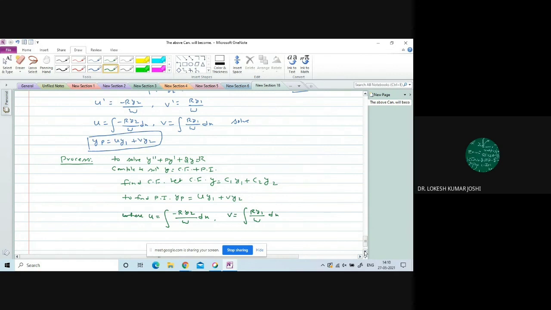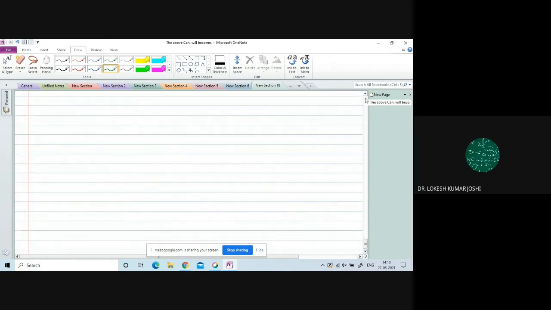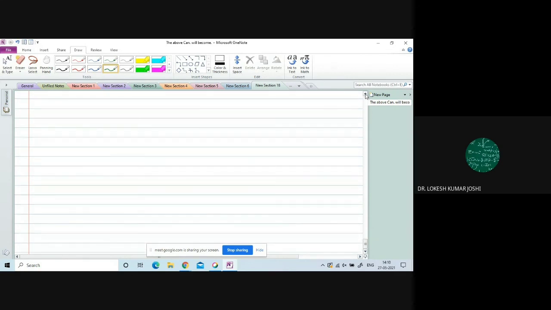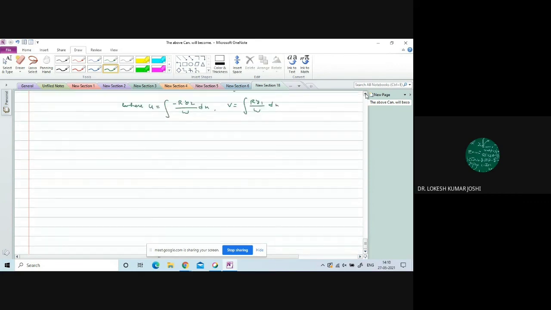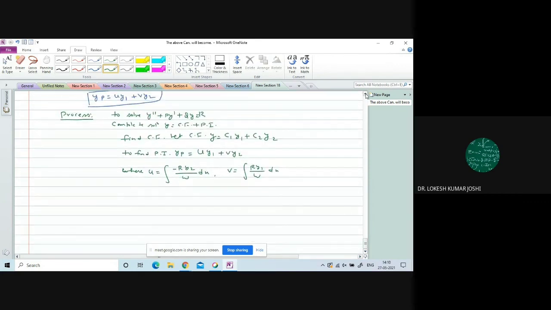It can be represented by w equals the determinant of y1 y2, y1 dash y2 dash. So this is the process to solve any question with the help of variation of parameters.